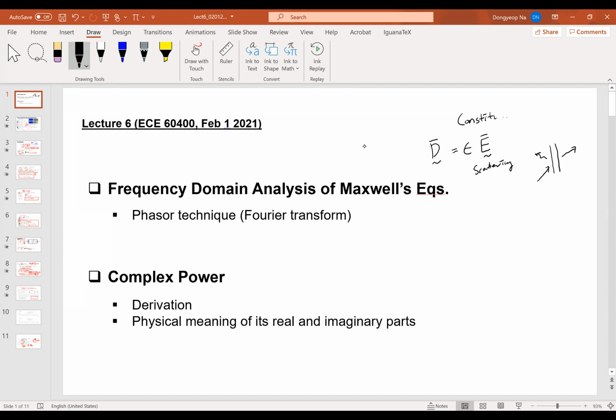For a time harmonic signal, we're only dealing with the phasor of this field. And also the waveguide problems and the Green function. We are just based on this frequency domain analysis, so you may need to get familiar with this concept.